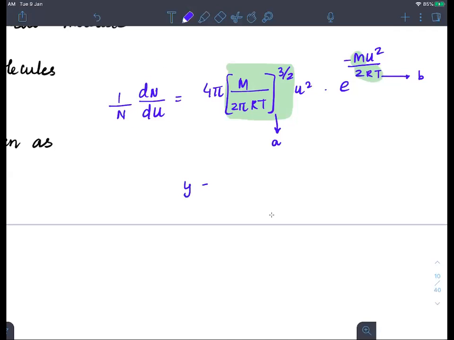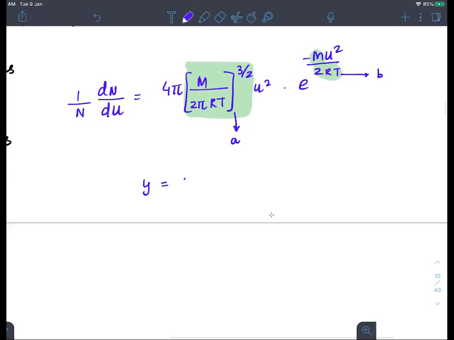Let me take u as x. So y is equal to 4 pi a x square into e raised to the power of minus b x square.